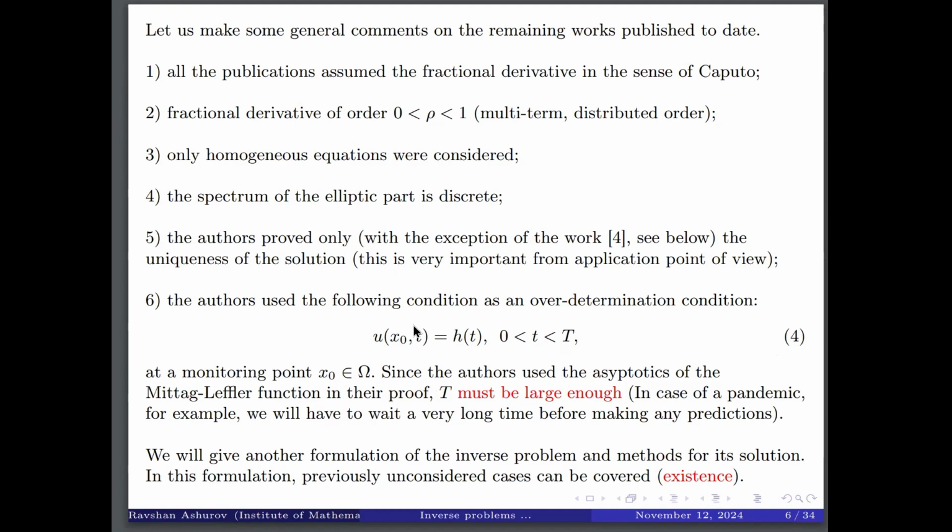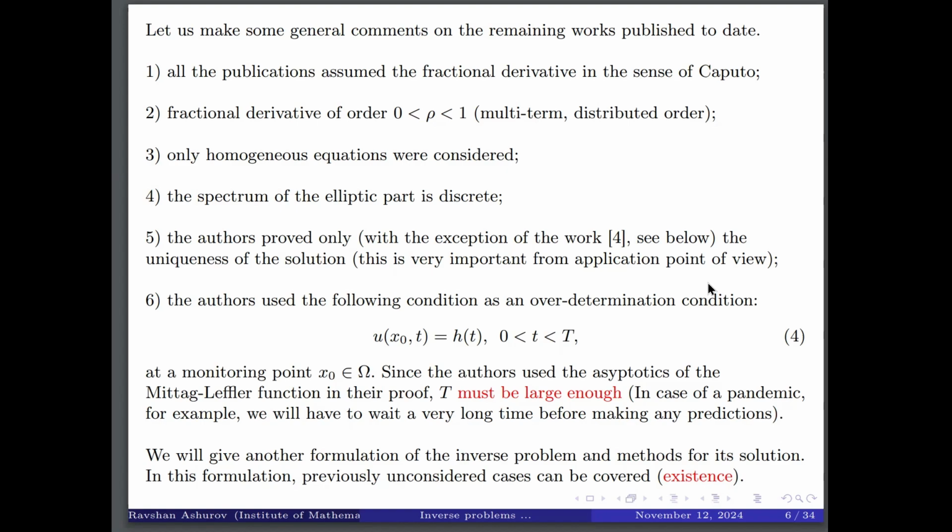We will change this condition 4 and give another condition, and we will get another formulation of the inverse problem. And we also show how to solve this problem. With this new formulation, we can prove not only uniqueness, but also existence.